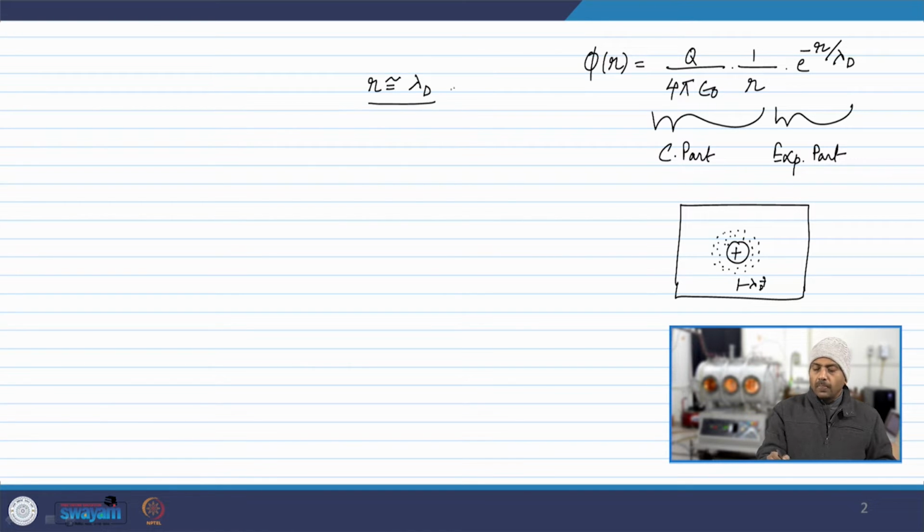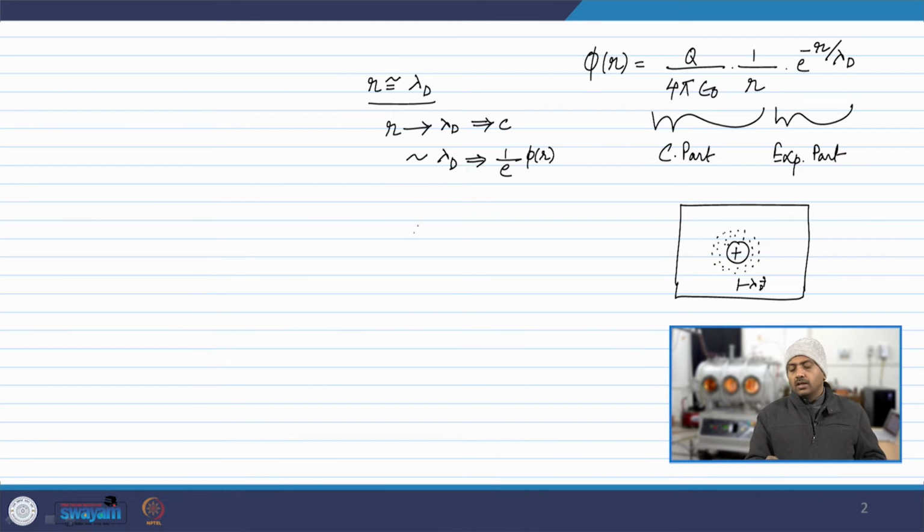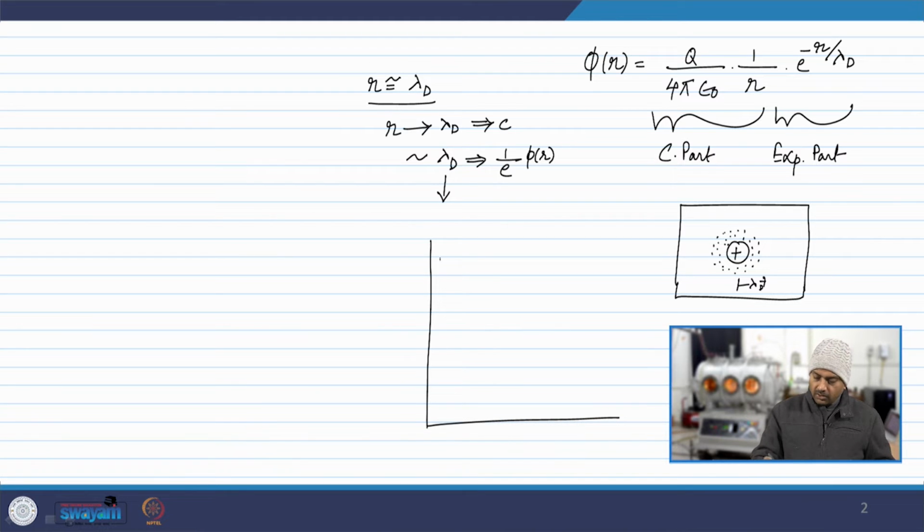Now, more importantly, if you take r, the distance away from the positive charge, to be approximately equal to lambda d: as long as r is tending to lambda d from 0, the potential is Coulombic in nature. It is just 1 by 4 pi epsilon naught q by r. The moment you reach the vicinity of lambda d, the potential will fall to 1 by e-th of the potential inside. And if you go further away, the potential will decrease very fast. So, we have drawn this curve which explains how the potential will decrease.